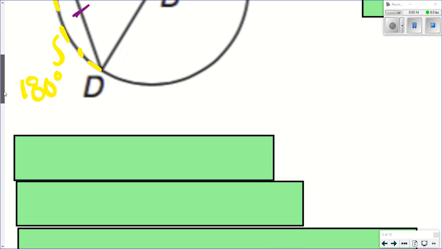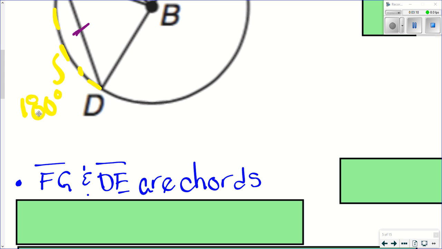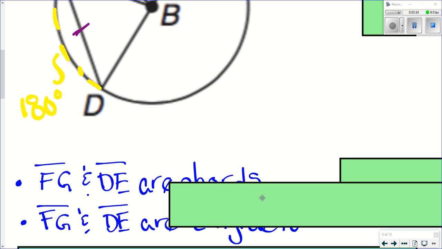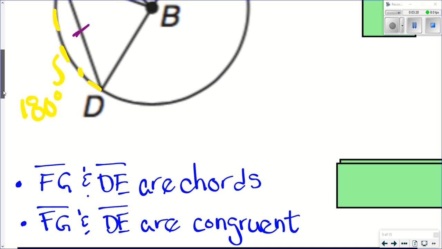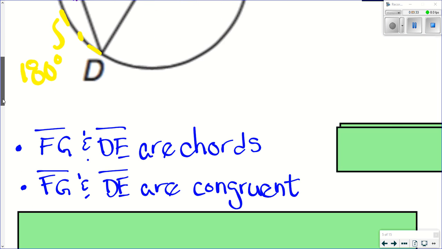The first thing that I would do is mention to myself that FG and DE are chords. So they're chords, and they mentioned that they are congruent.